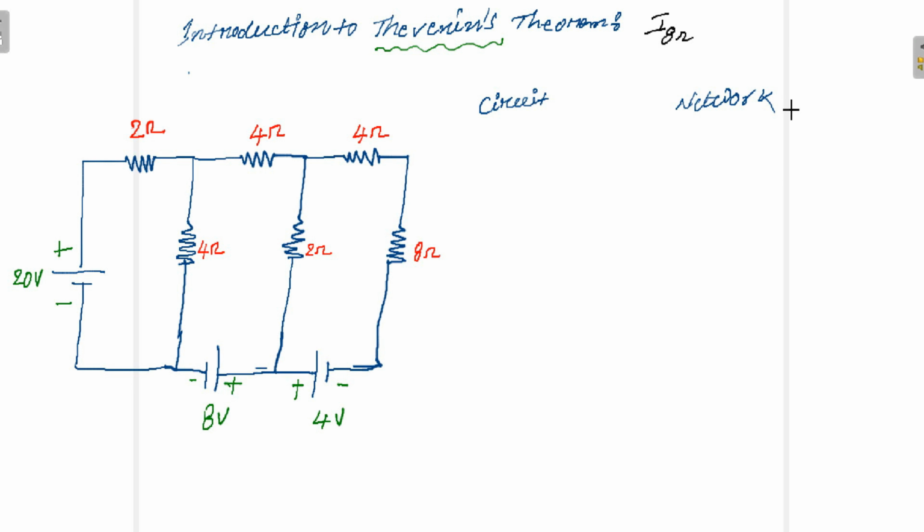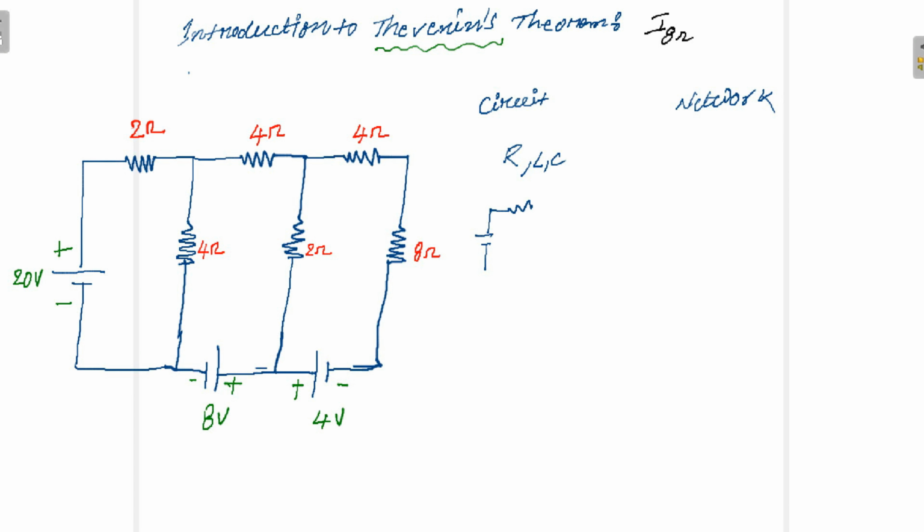But in the strict sense, a circuit is a combination of elements like resistor, inductor, capacitor, and voltage sources, along with sources, but it should be a closed one.